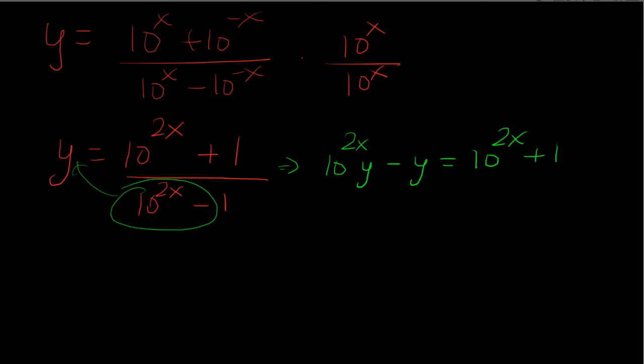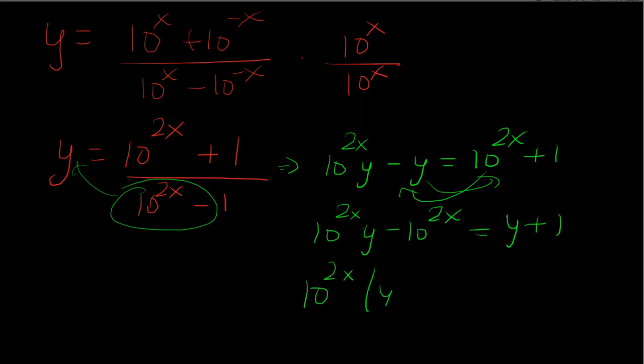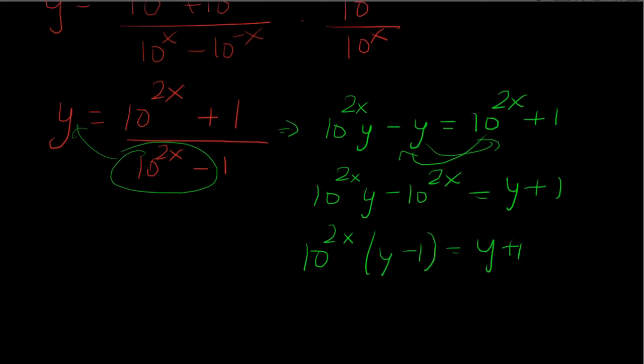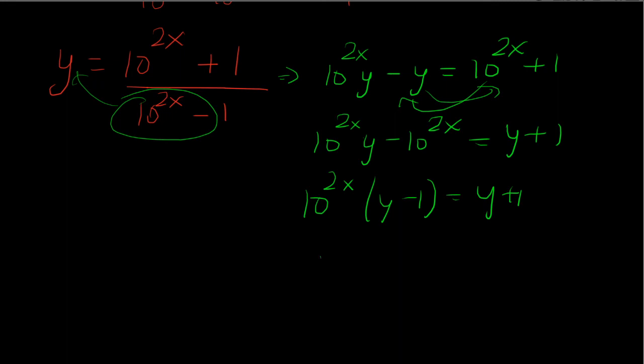I'm going to bring the 10^(2x) over, the y over to the other side. So now I can factor out a 10^(2x). And I can divide both sides by y minus 1.